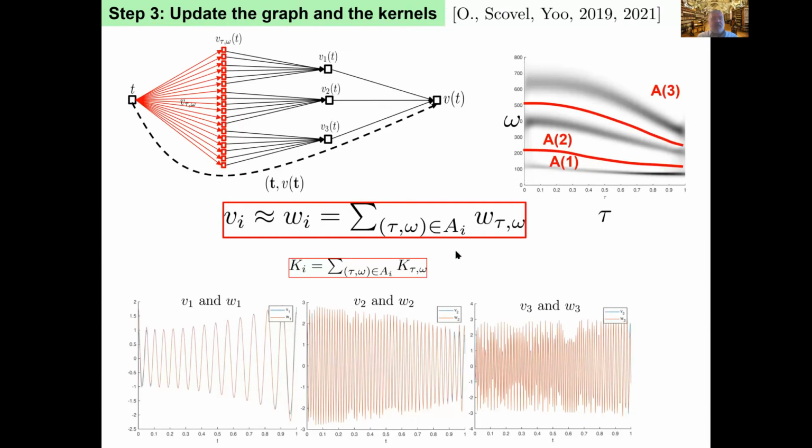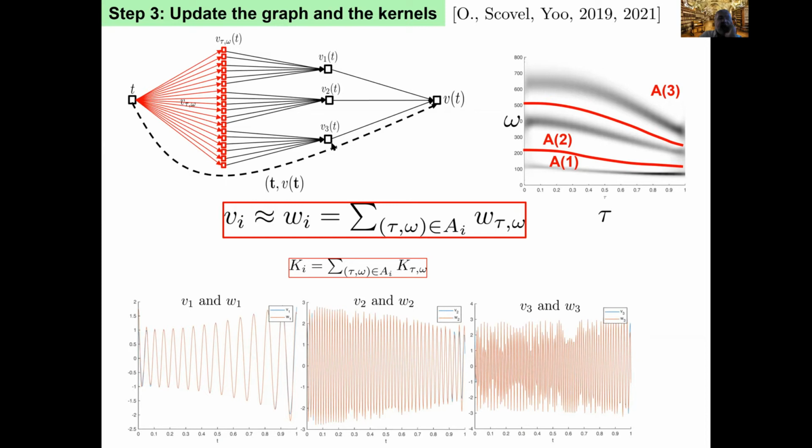Now, in our third step, these coarse modes are identified by using the GP activation energy to update the computational graph. The new element in this graph is the aggregation of the fine modes into 3 separate coarse modes.